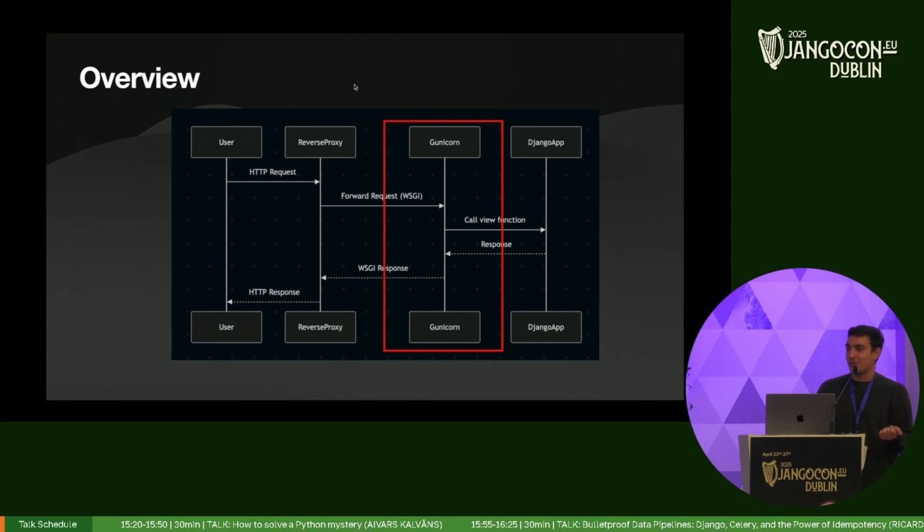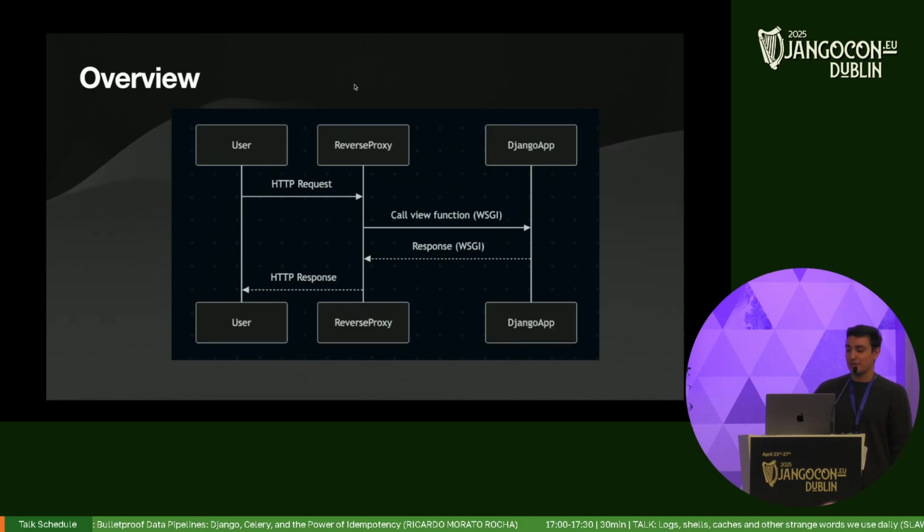Why do we even need this? I feel like it's an extra layer that's in there just so that one thing can talk to the other. And I thought maybe we can just remove it and have something like this, where the user talks to the reverse proxy and the reverse proxy goes directly to the Django app, and then we get a response.